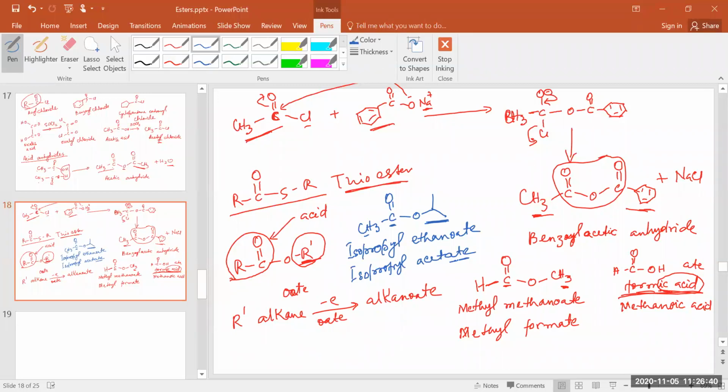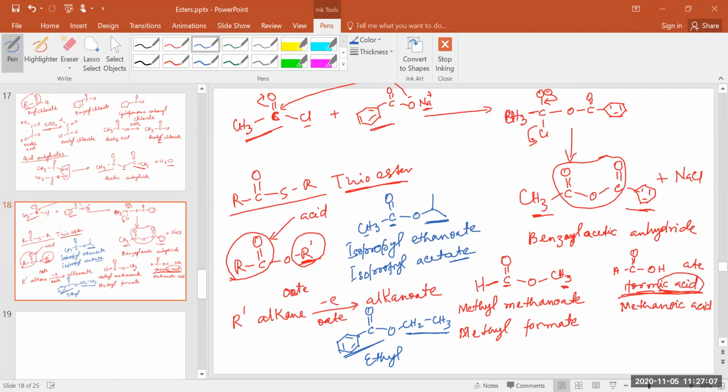Okay, and let's say one aromatic, this one. So you have phenyl, O and CH2CH3. So you name this one first, so it will be called ethyl. And what is this one? From benzoic acid.